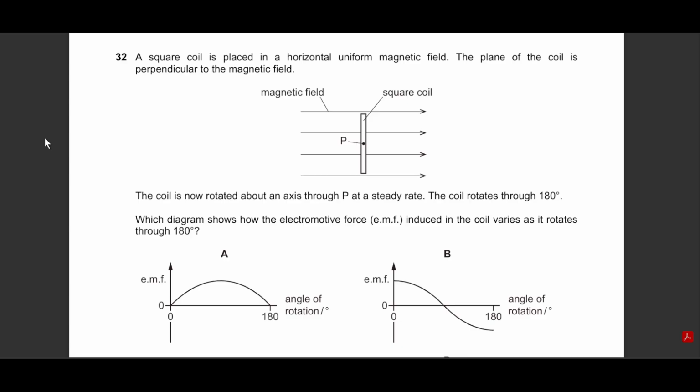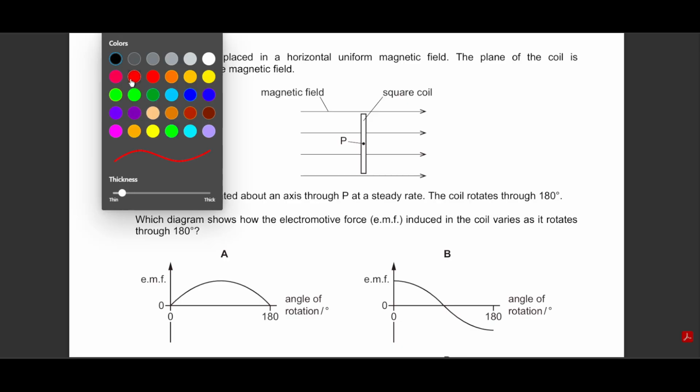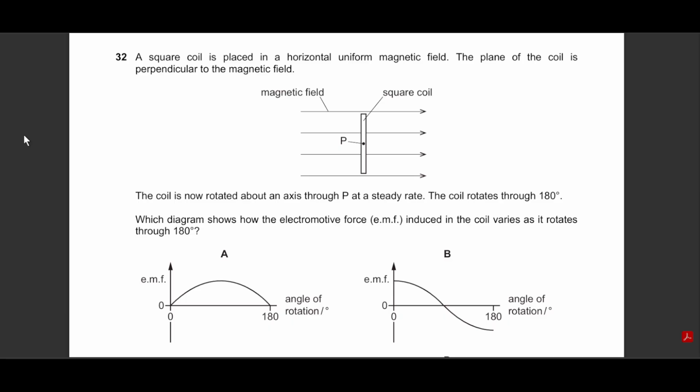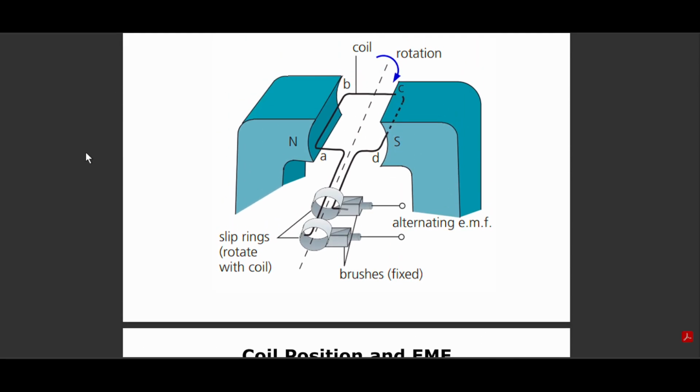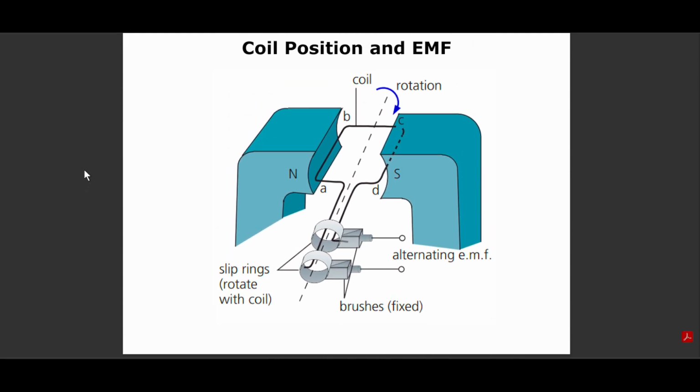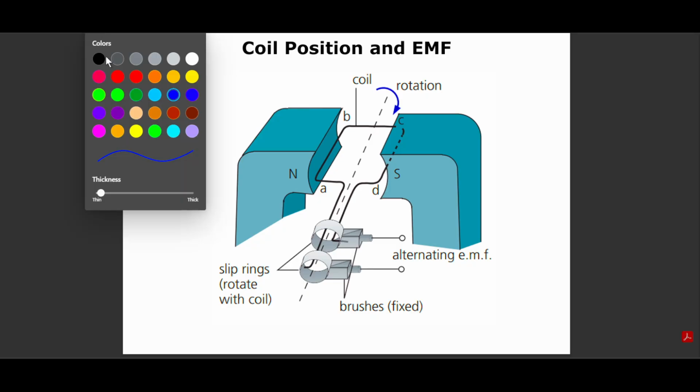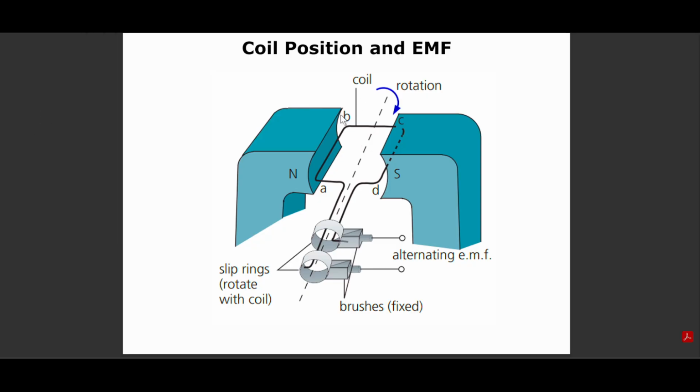Question 32 is a bit tricky, and I'm going to show the slide where I've added notes for them. You see, he says that it's going to be a 180-degree rotation, and let me show you what we mean by that. So if we go to the generator, this is what it looks like. Right now, whatever its position is, if B comes up and C goes down, and then B comes here and C comes here, this is actually a 180-degree rotation.